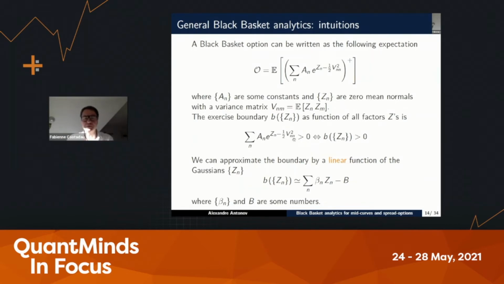B more than 0 means that we have that. Of course, we can approximate this boundary by a linear function of the Gaussians. Like this, B will be approximately equal to some linear combination of our Z's weighted with the numbers beta, minus B, which is supposed to be the linear boundary here.